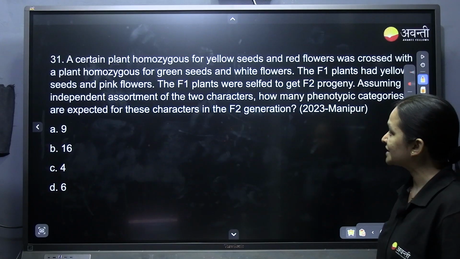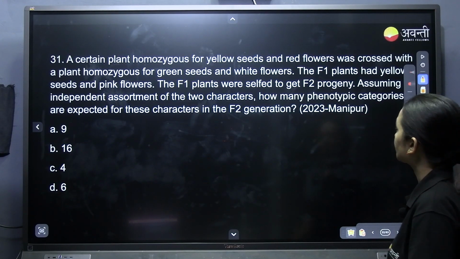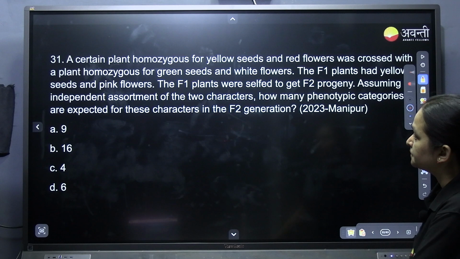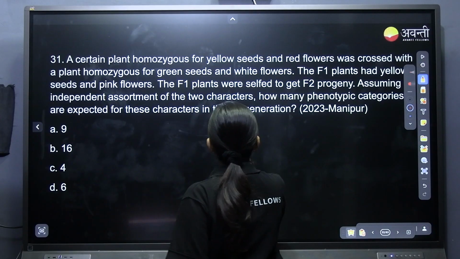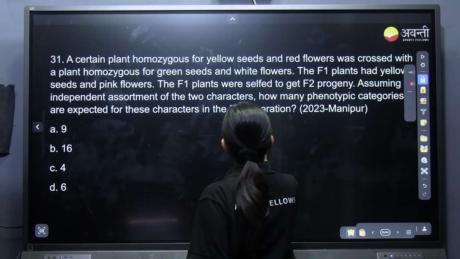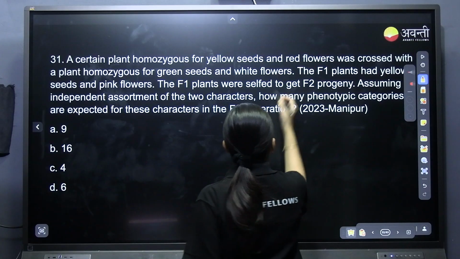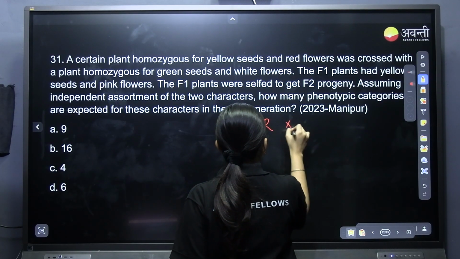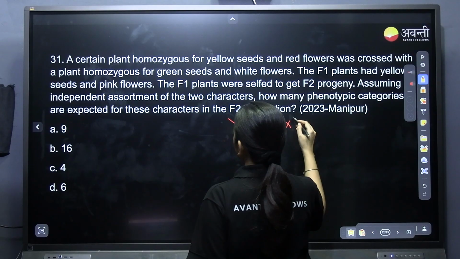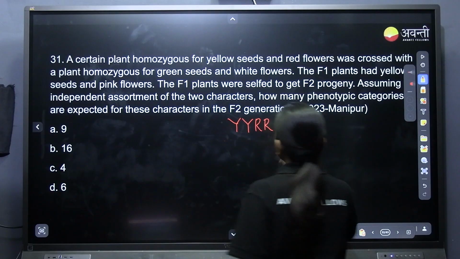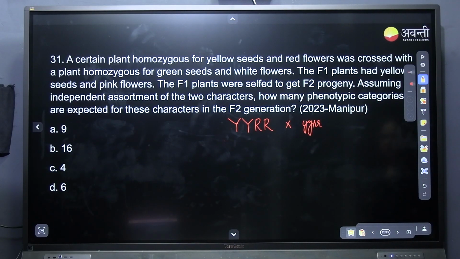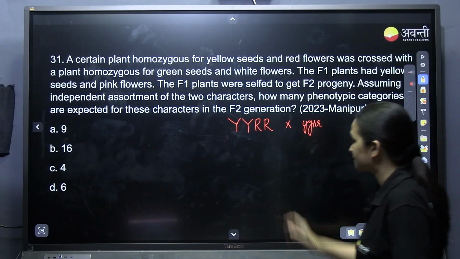A certain plant homozygous for yellow seeds and red flowers was crossed with the plant homozygous for green and white. The F1 plants had yellow seeds and pink flowers.